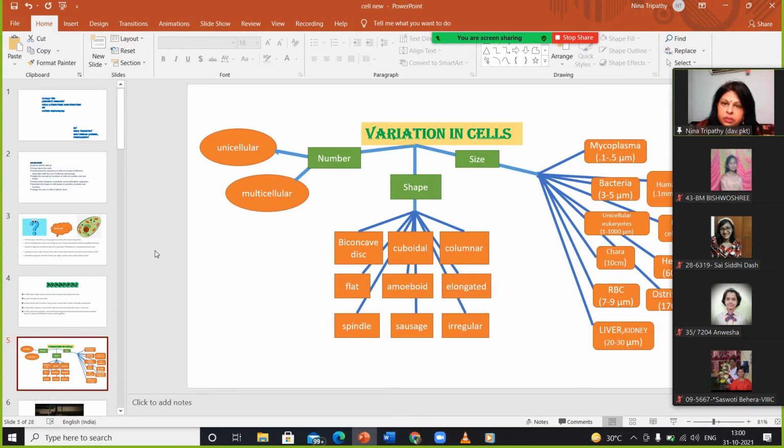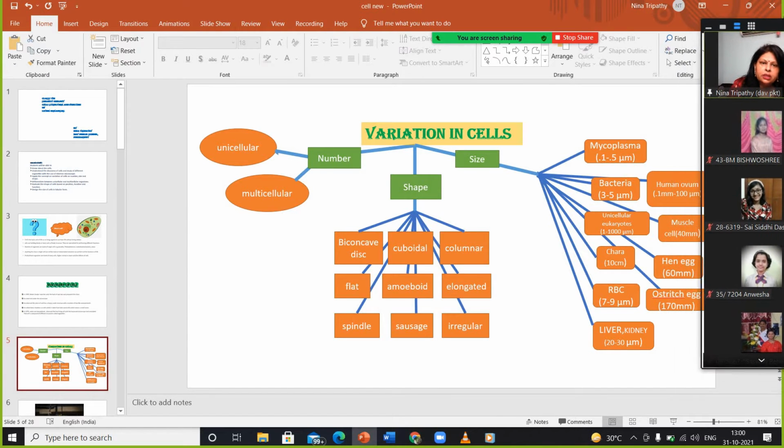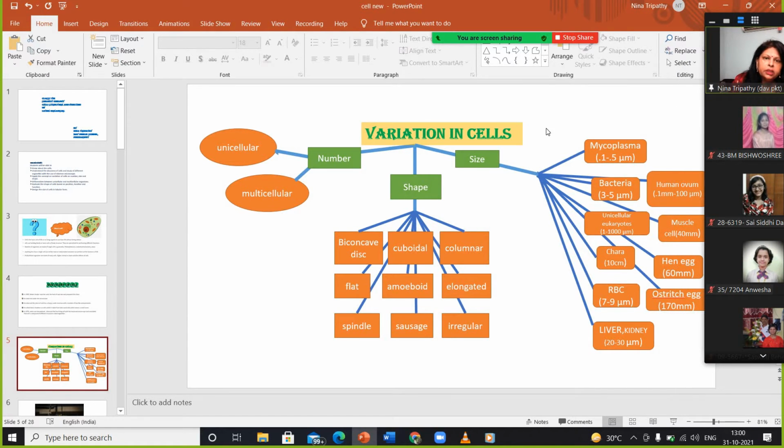So why the variation of the cells? The cells show variations on the basis of these factors: number, shape and size. On the basis of number, they may be unicellular or multicellular.